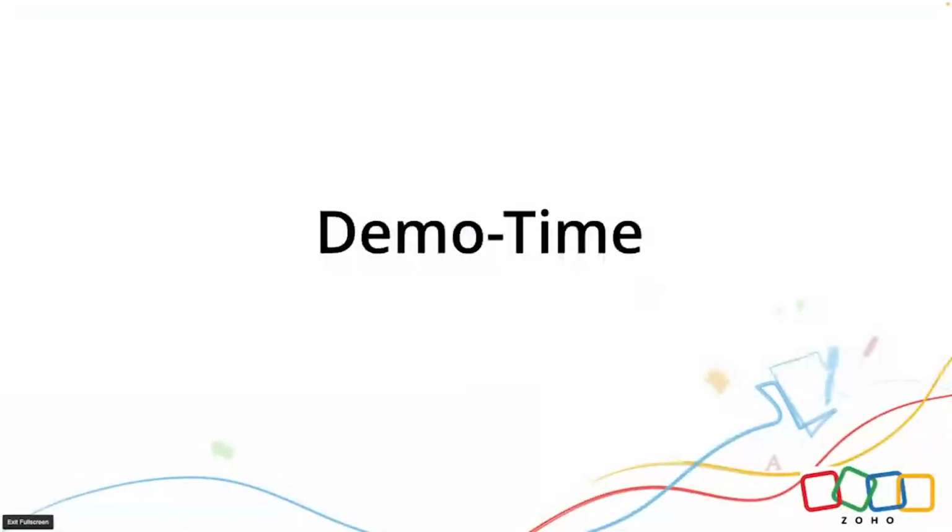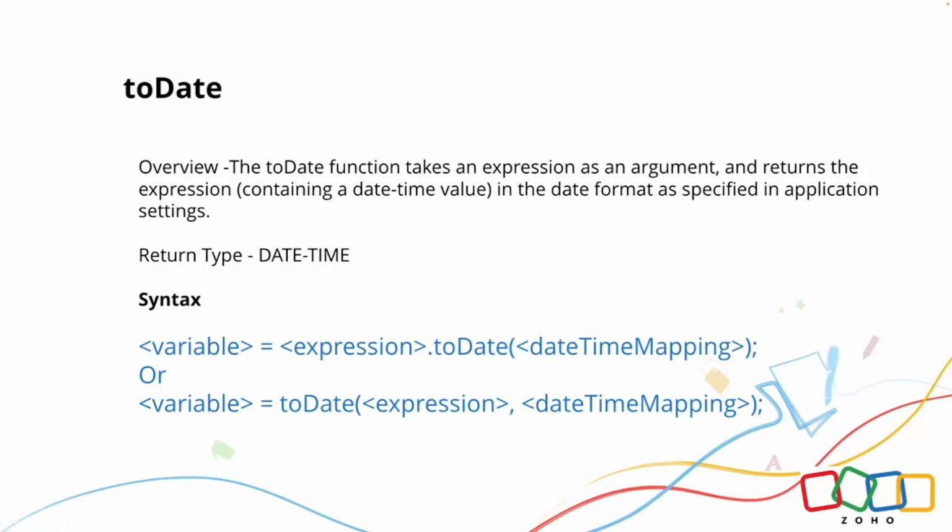Coming back to the presentation over here, in the same way, we also do have an option like toDate. To give an overview, the toDate function takes an expression as an argument and it returns the expression in the date format as specified in the application setting. The return type will always be date or date time format.